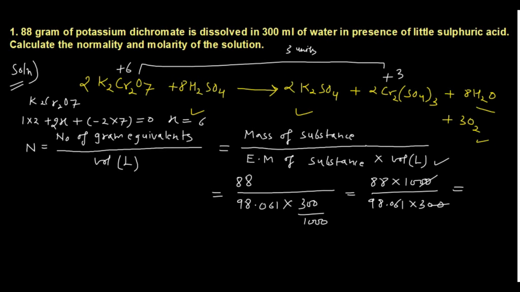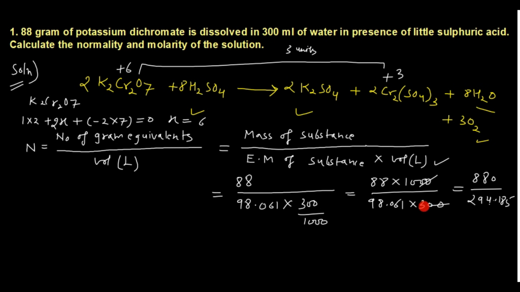And this will give you 880 divided by 98.06 into 3, and that value is nothing but it is your 294.185, which is the molecular weight, right? In that case, it is happening like that, right?